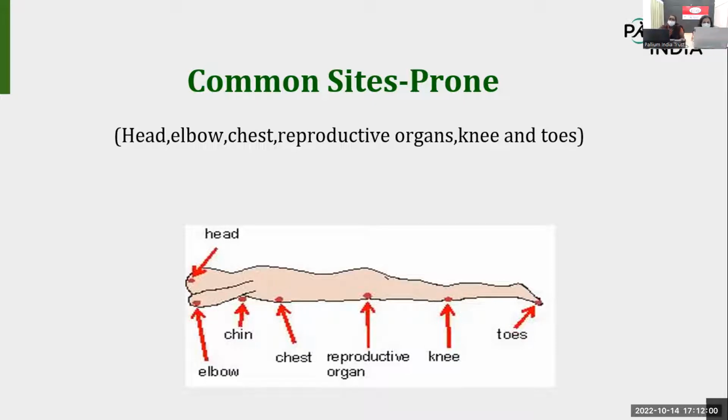After the skin grafting procedure, they need to maintain the prone position at least for 3 weeks. So before that also we put the patient in this position. But even if the patient is in prone position, these are the major pressure points.